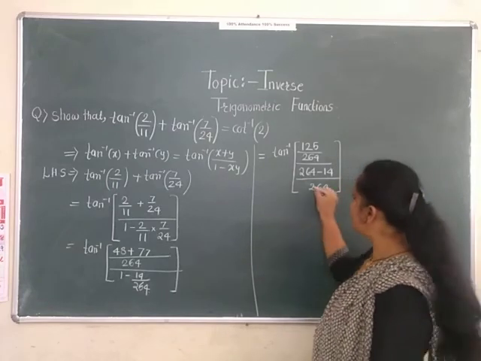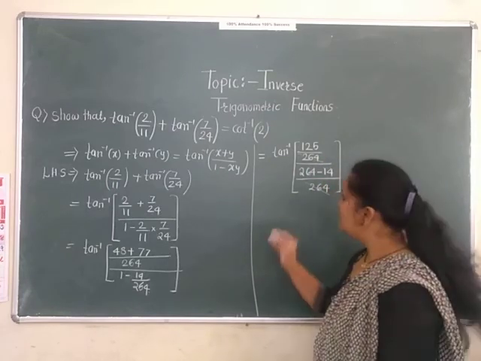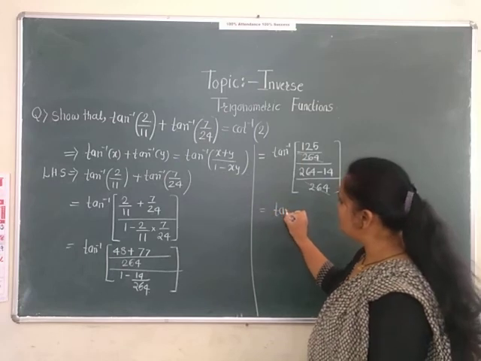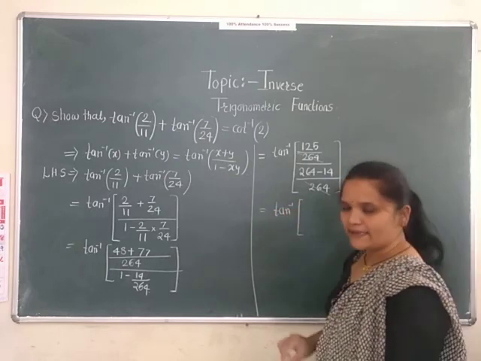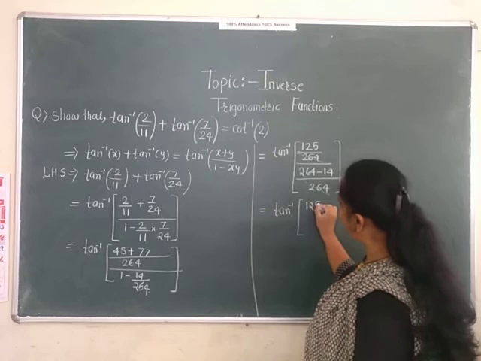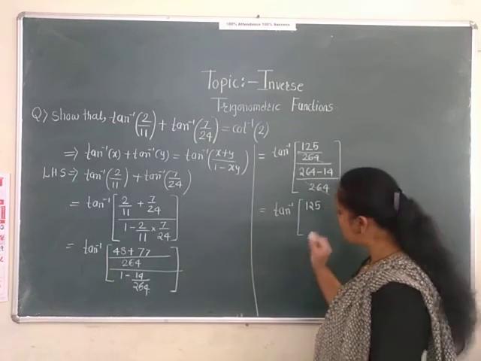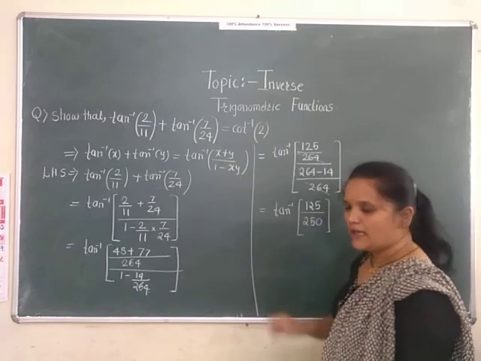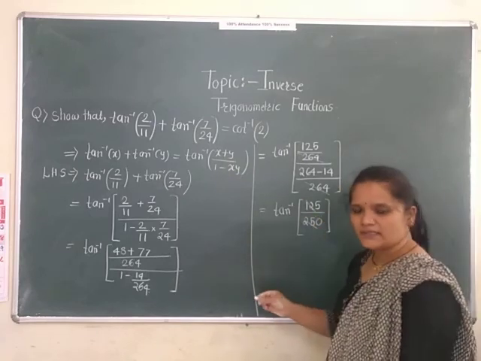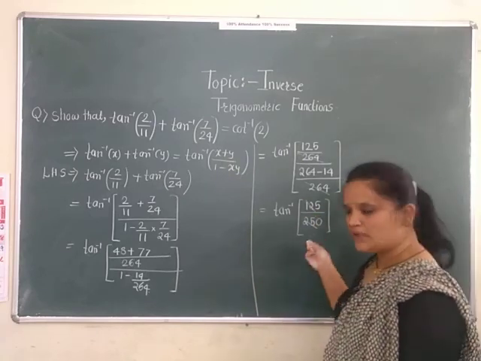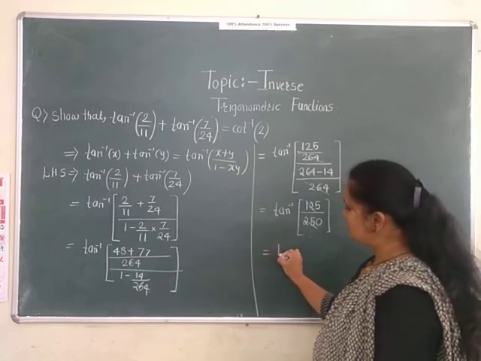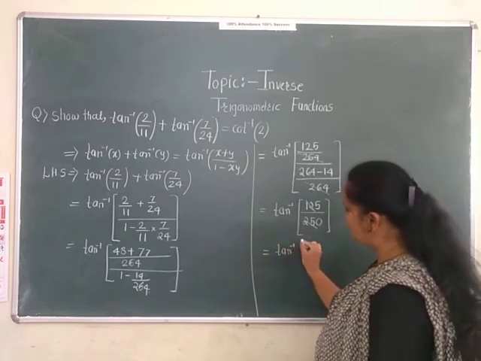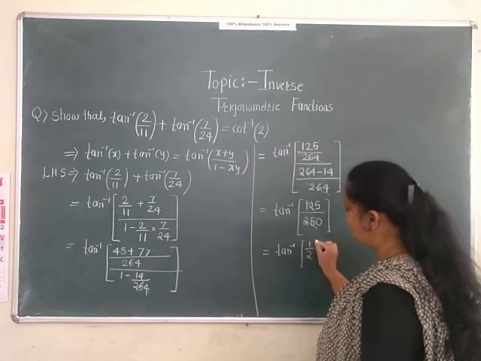Then 264 gets cancelled from here and we get tan inverse in the bracket 125 and the subtraction gives you 250. And its division is obvious, 125 into 2 gives you 250. So tan inverse of 1 upon 2.